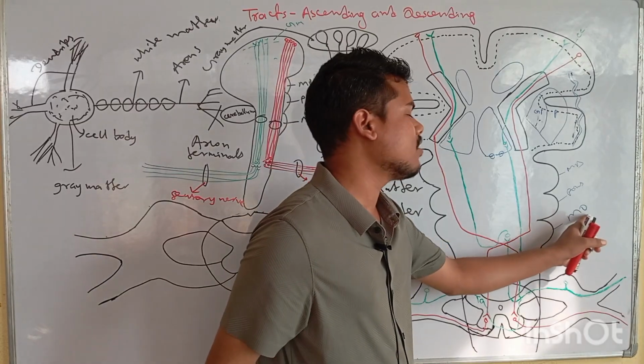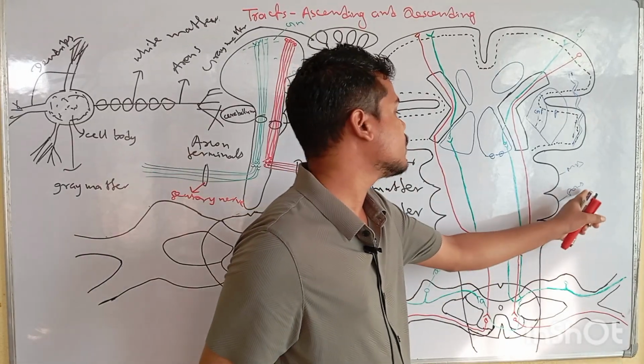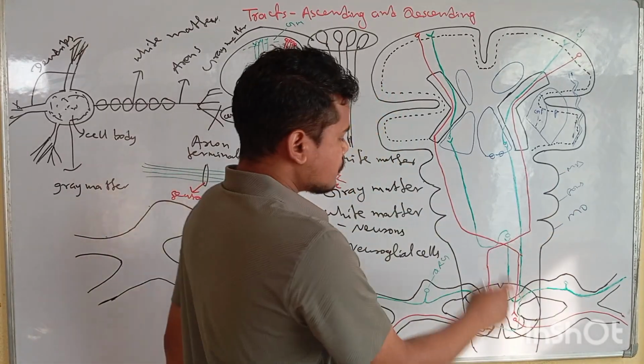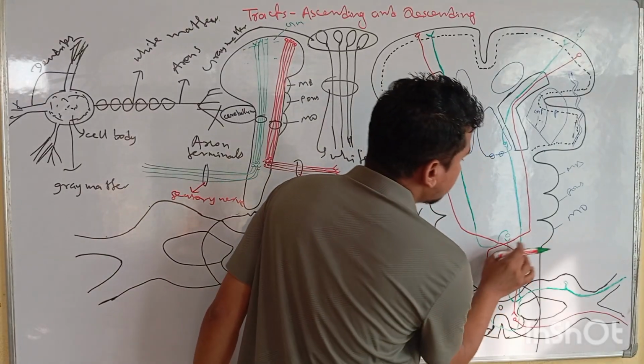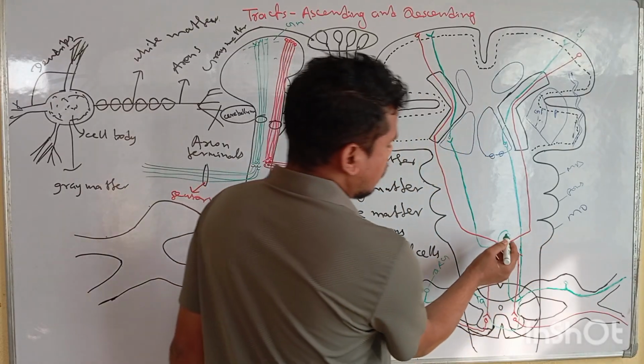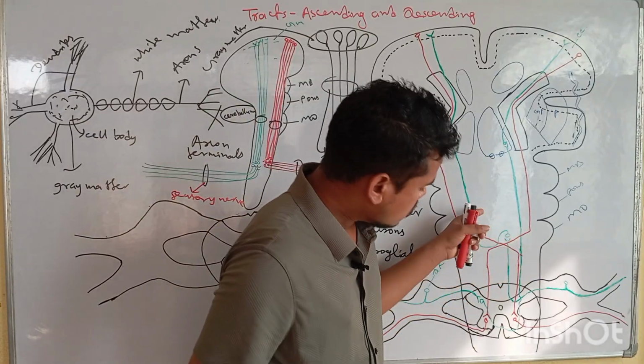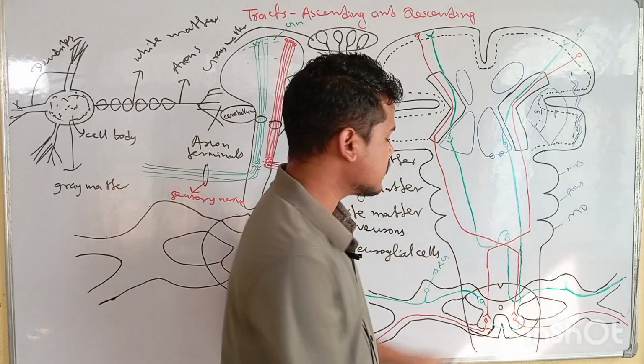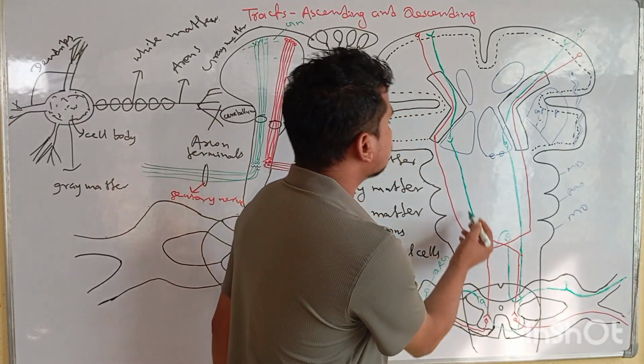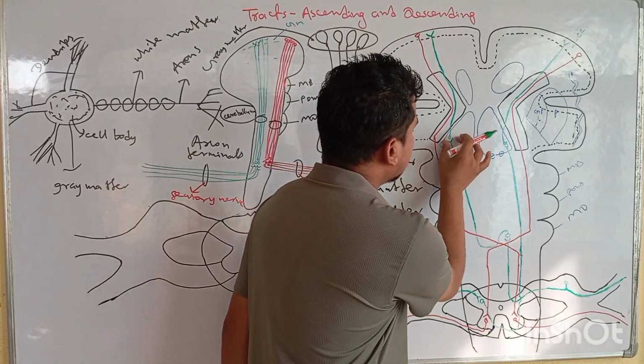Don't call it the medical officer. This is the medulla oblongata. This is pons. This is midbrain. So at the lower medulla oblongata, here the first synapse will occur, and the second order neuron will be projected again to the thalamus.